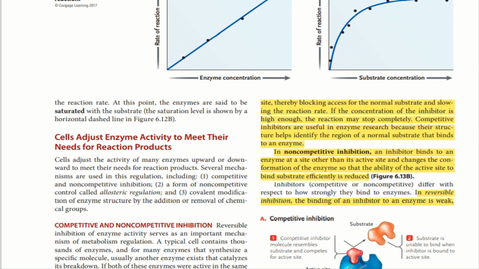If the concentration of the inhibitor is high enough, the reaction may stop completely. Competitive inhibitors are useful in enzyme research because their structures help identify the region of a normal substrate that binds to an enzyme.